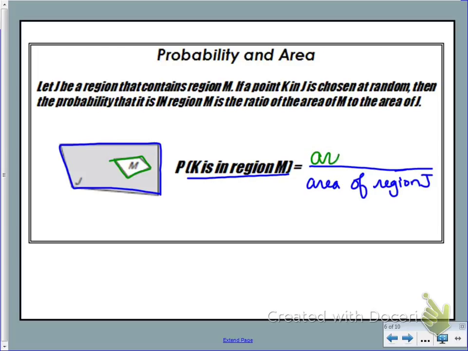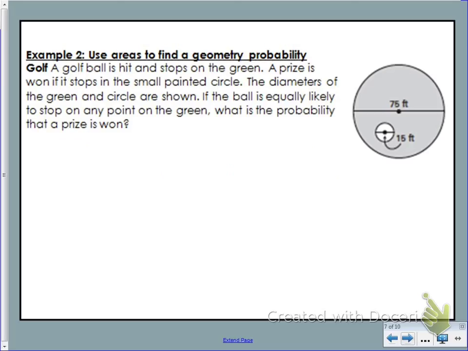So in the numerator, we would do the area of region M. So the probability that the point K is in region M would be the area of that region divided by the area of the total region where it's possible for the point to be chosen. Again, we'll show that probability either as a percentage, a fraction, or another form of a ratio.